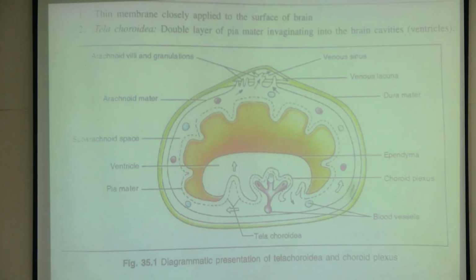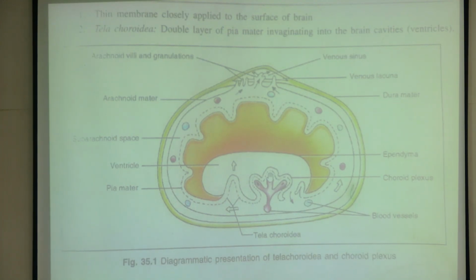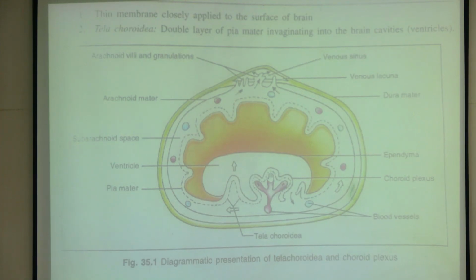Here you see this dotted line, it is the Pia Mater, right? And this space is known as the ventricle of the brain. Within the brain there is some space that is called ventricle. That ventricle is lined by ependyma.